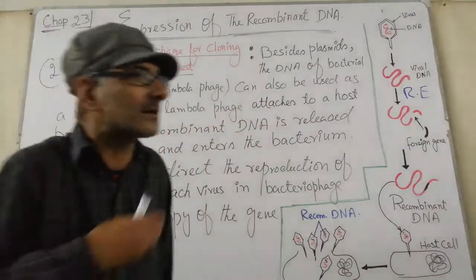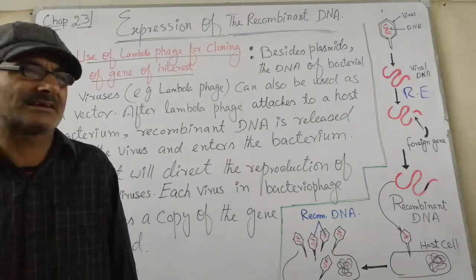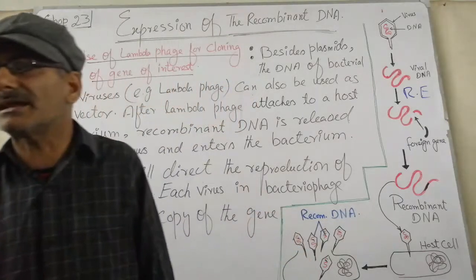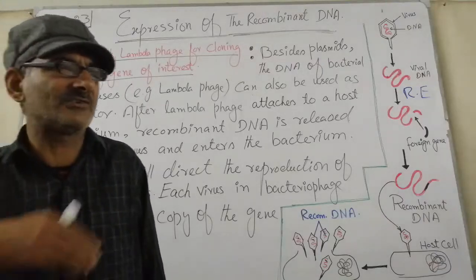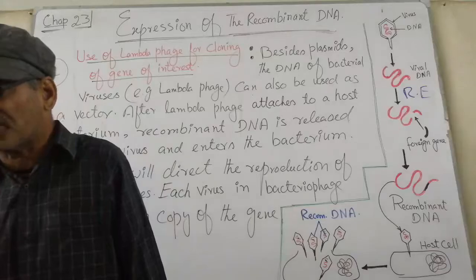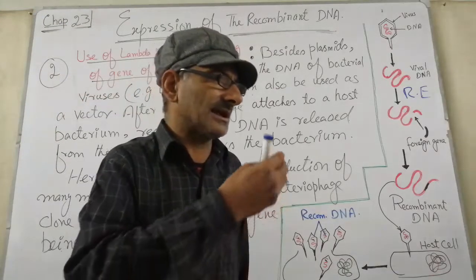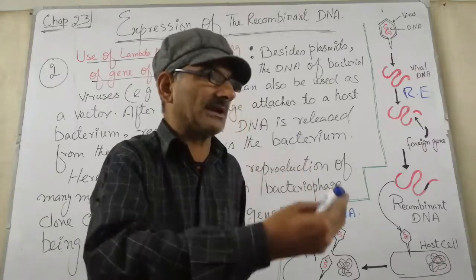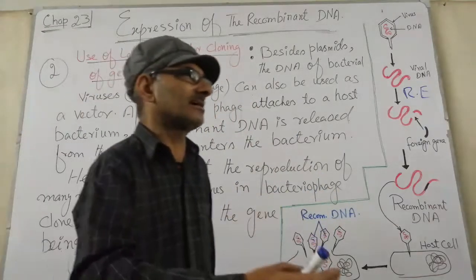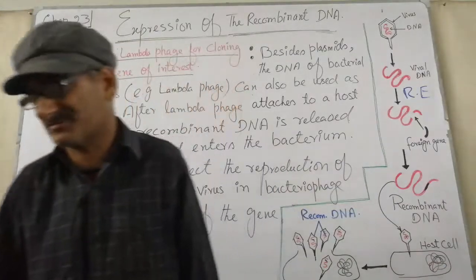When the recombinant DNA of the lambda phage is inserted into the host cell, this DNA in the host cell will replicate. When the bacterium divides and redivides, the DNA also replicates, and many copies of DNA, many copies of the gene of interest, can be obtained.